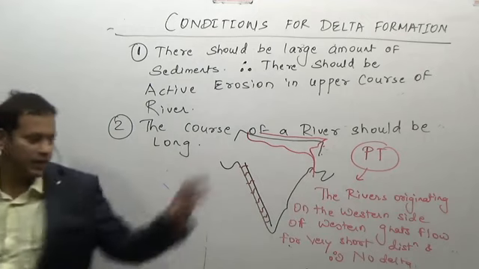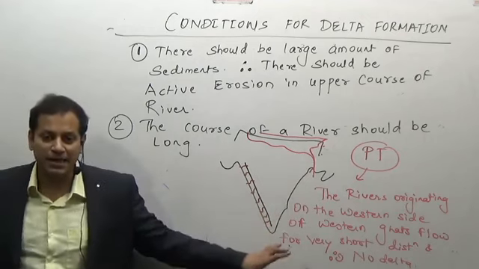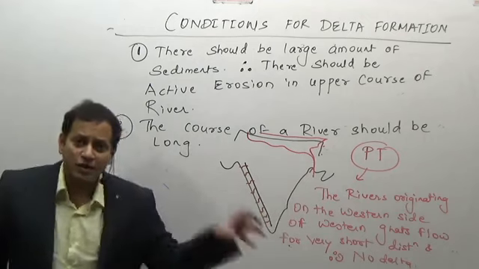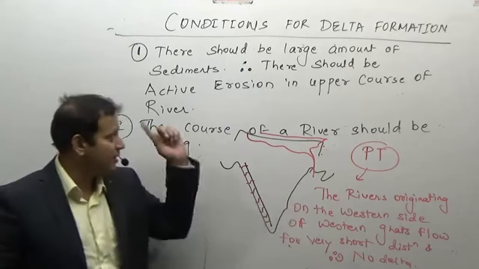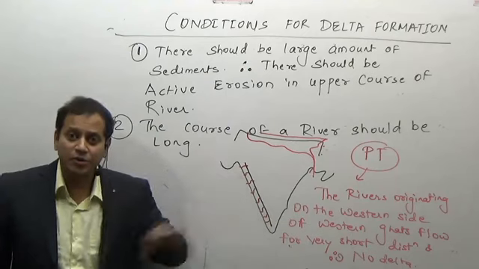This is generally for the preliminary examination. Because they flow for a very short distance, they do not satisfy our condition 2, therefore no delta formation.